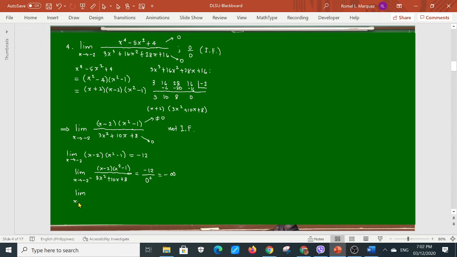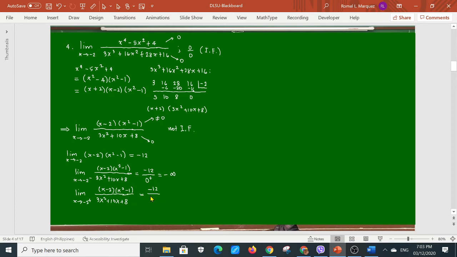Limit as x approaches negative 2, from the right this time, of 3x squared plus 10x plus 8. And then the denominator, we know that the numerator is negative 12. So it is negative 12.